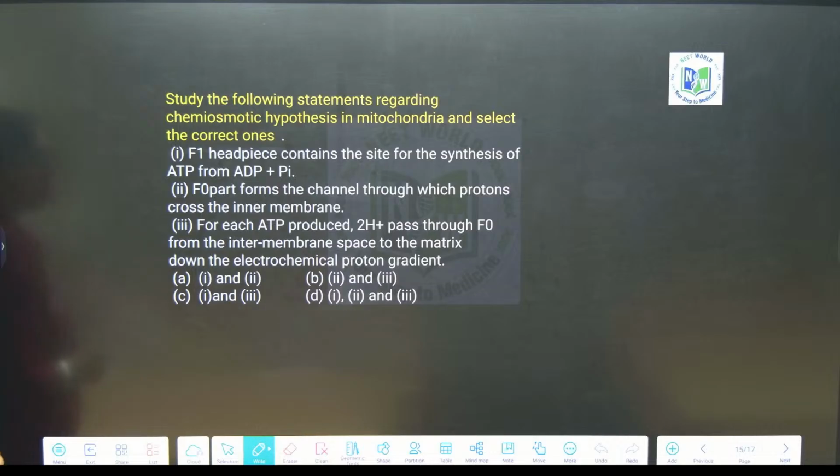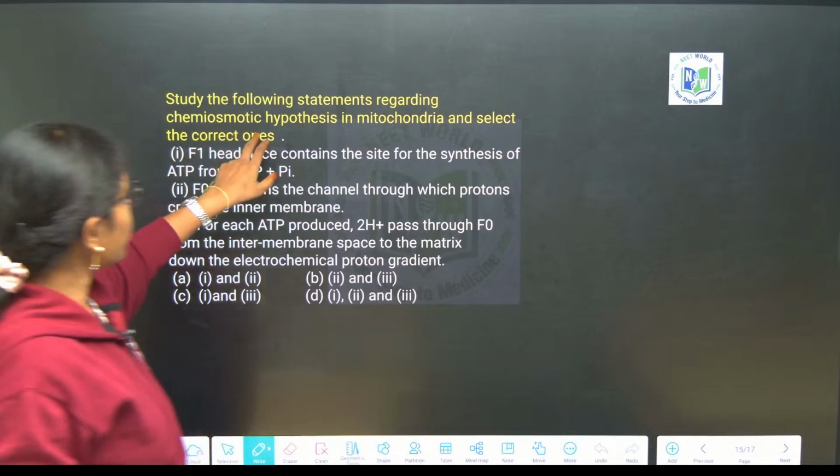Take 2 minutes time, look into the question carefully and then answer.